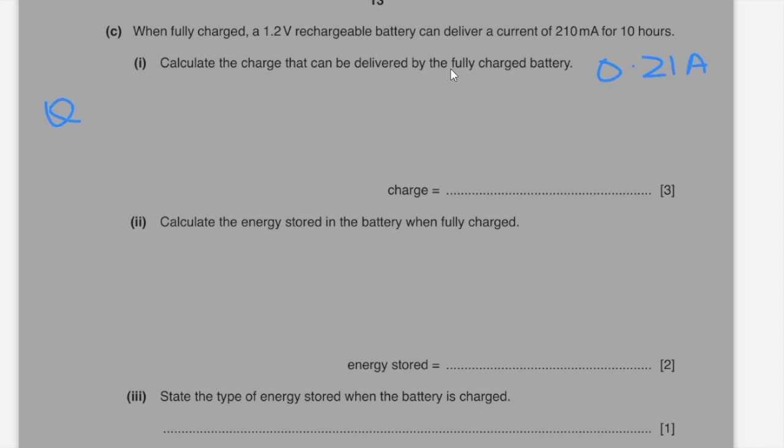Since charge is equal to current into time, we have current as 0.21, and time should also be in standard unit, which is 10 into 3600, which converts 10 hours into seconds, and this gives the answer as 7600 coulombs.